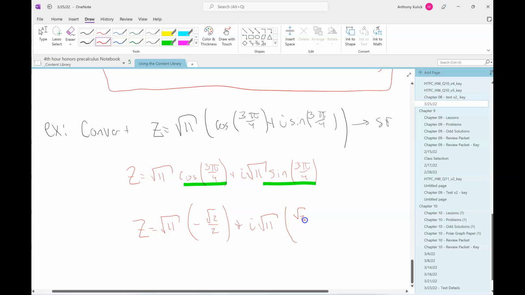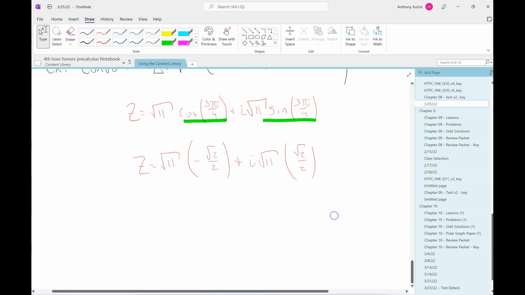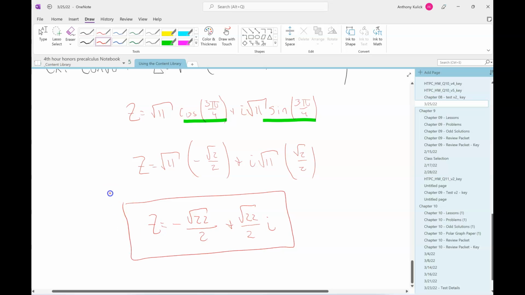And sine is positive root 2 over 2. So when I combine this together, I get negative root 2 over 2 plus positive root 2 over 2 i. And that's it.